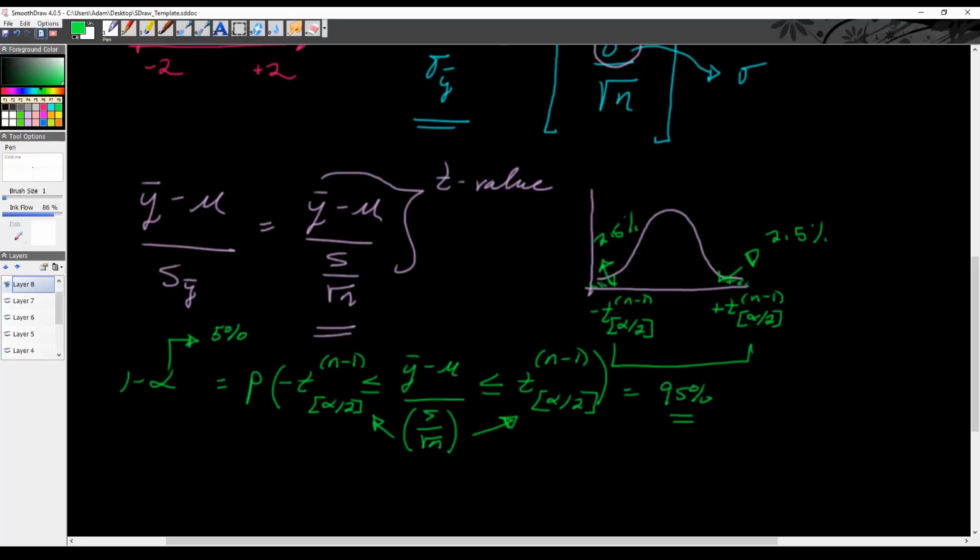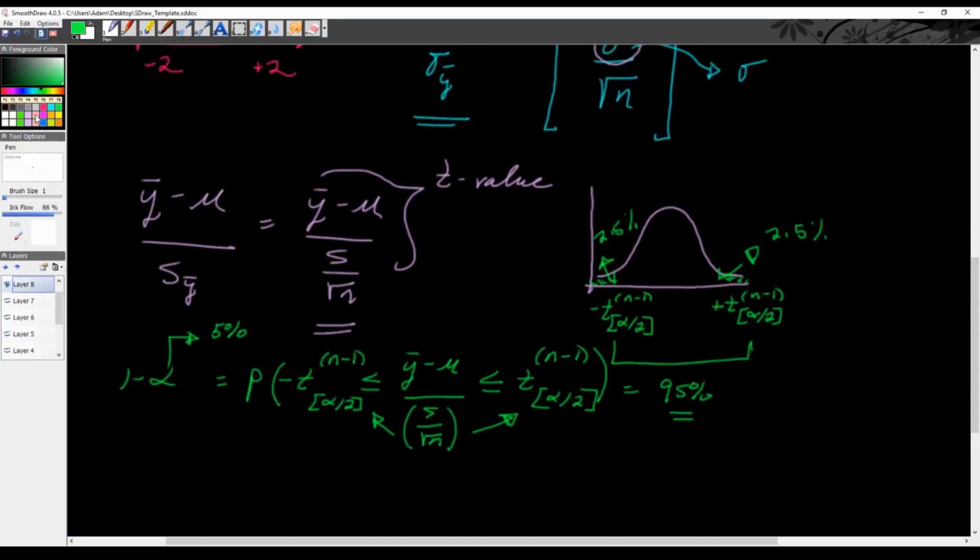So again, if you multiply both sides by s divided by root n, and then you subtract out the mean from both sides, and then you multiply everything through by -1, and remember when you do that, the inequalities switch, this is the result that you get, and it's the result that we saw from before.